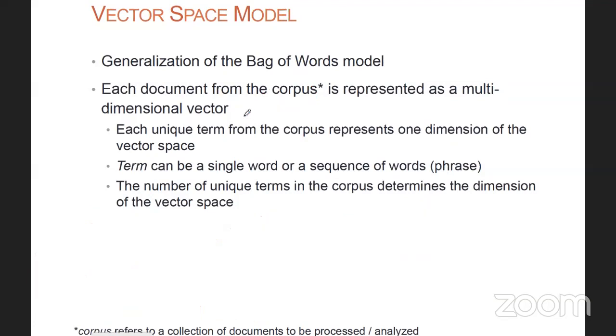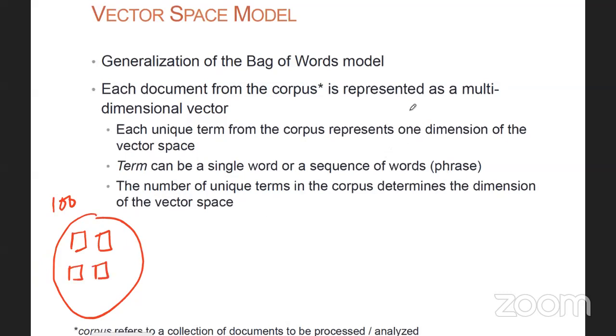Now, each document. Let's say in my corpus I have 100 documents: this one document, second document, and so on, is represented as a multi-dimensional vector. What's a vector? A vector has direction and magnitude, right? I can say 2 comma 3, so I can represent this as a vector in a space like this.